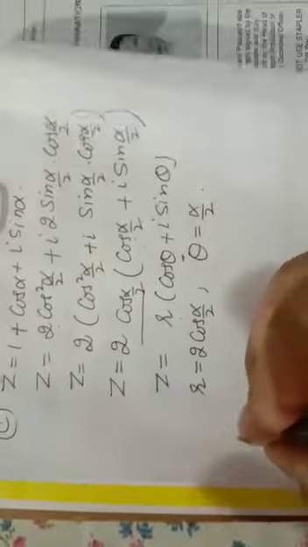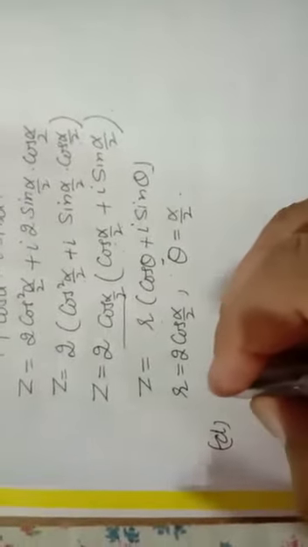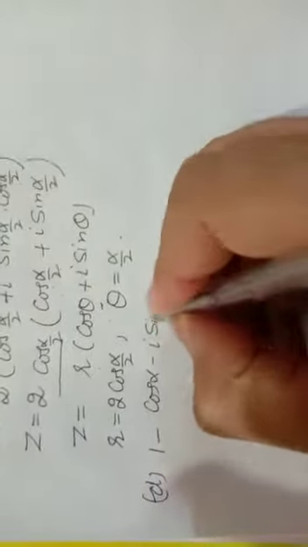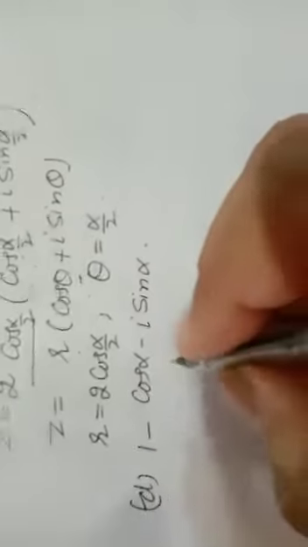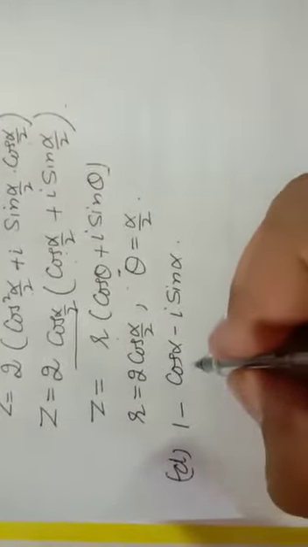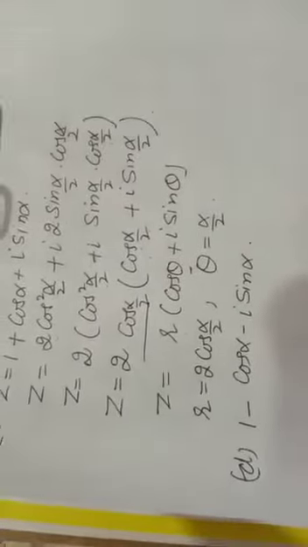Similarly, we are discussing another question related to this one: 1 − cos α − i sin α, if the question is in this form. Again 1 − cos α, which we have already discussed in the formula.